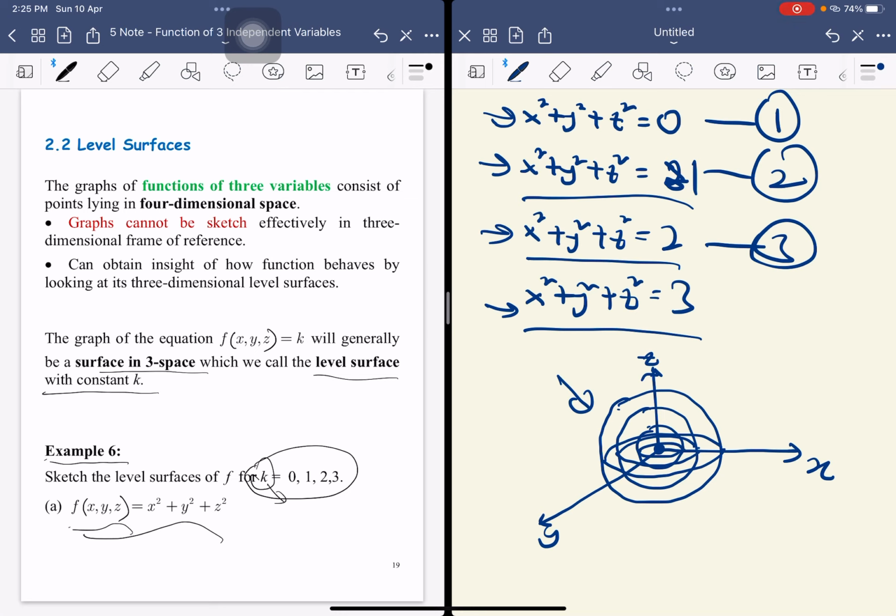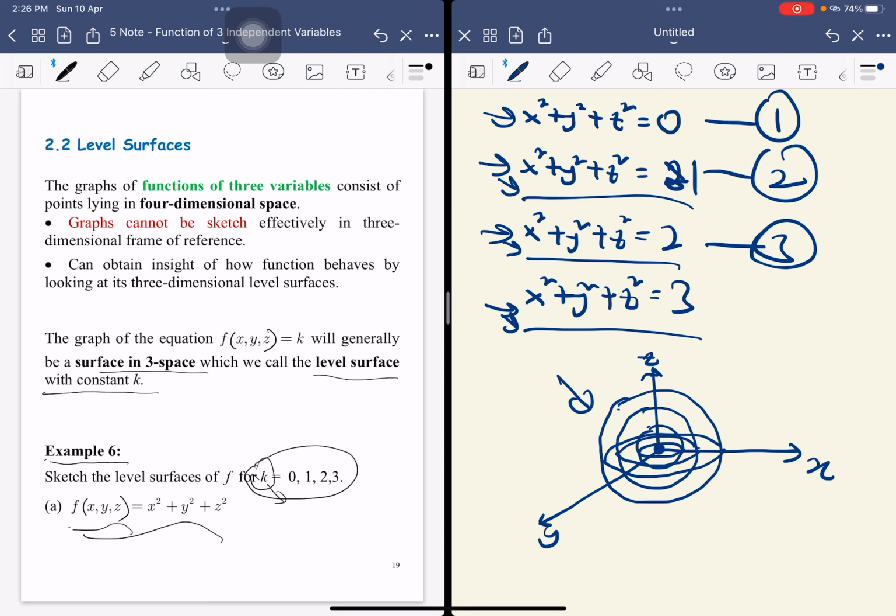Since this one is a simple surface, because this is the general form of a sphere, you can just directly get the level surface.